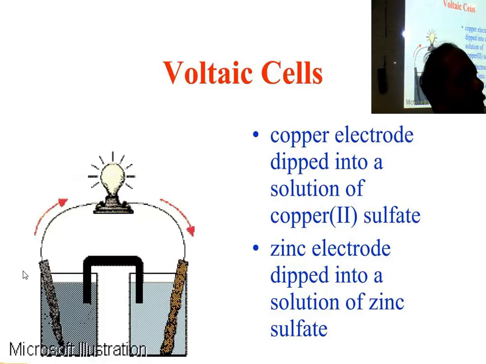On the other hand, if you have a copper rod, just immerse it in the copper solution, copper sulfate or copper chloride. Then what will happen? Copper has a natural tendency to get reduced. So Cu2+ plus 2e will become Cu. It will deposit itself, not dissolve, from the copper ion onto the copper surface.